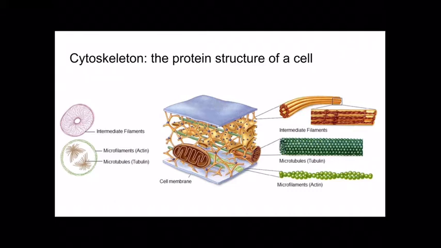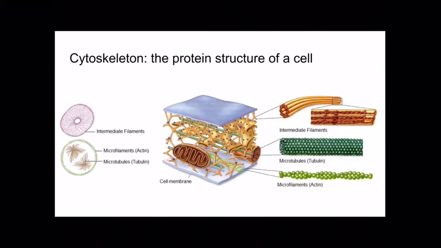So then we have this fiber of protein made up of all these individual proteins. We could say, oh, look at that. That's the quaternary structure of that protein, because we have these complete proteins that are the actin, those green balls, and then we put them together in a specific way, and we make these fibers, and those are the microfilaments.